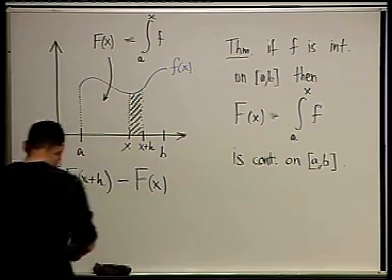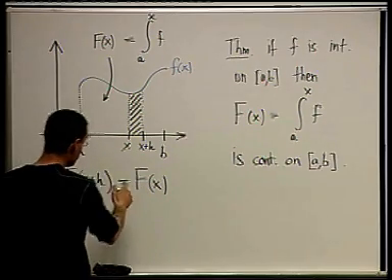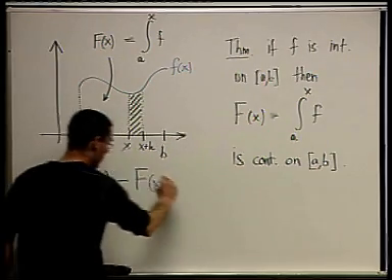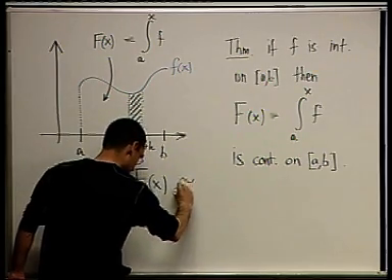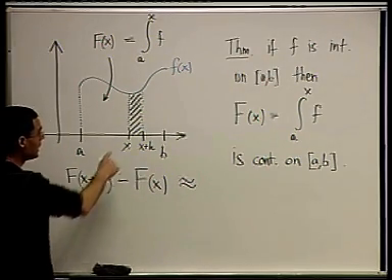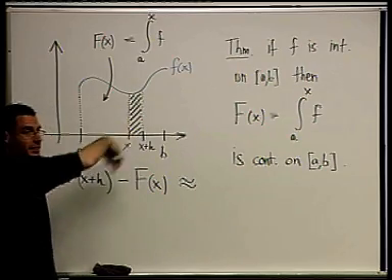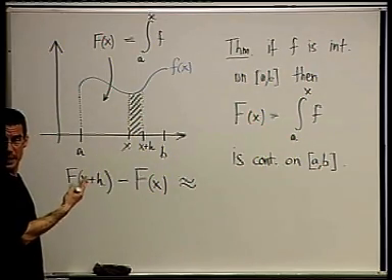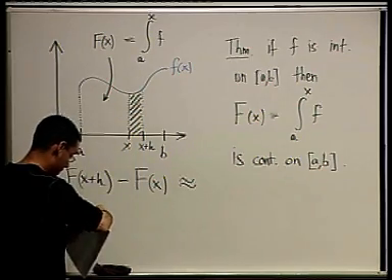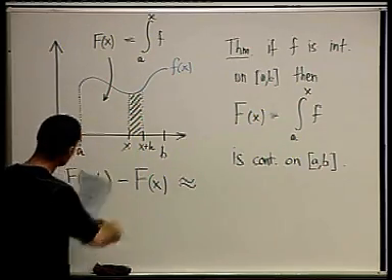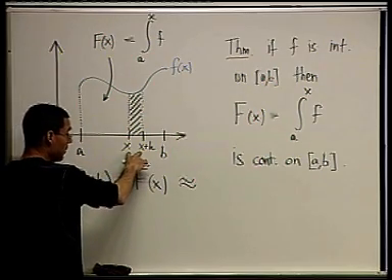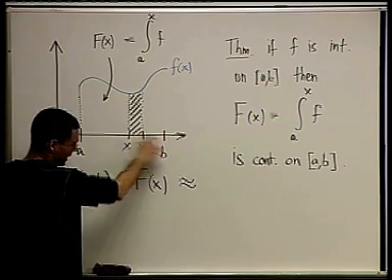But at the same time, this equals, well, not exactly equals. This can be approximated by, this thing is kind of rectangular-ish. Do you see that? What is an approximation for this thing? Well, a reasonable approximation would be the value of the function. I need to choose a point.